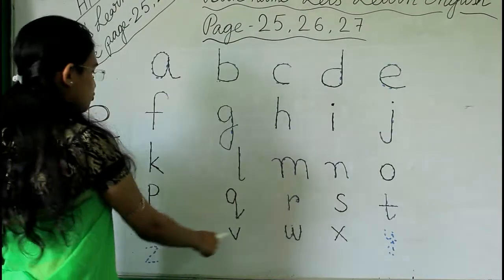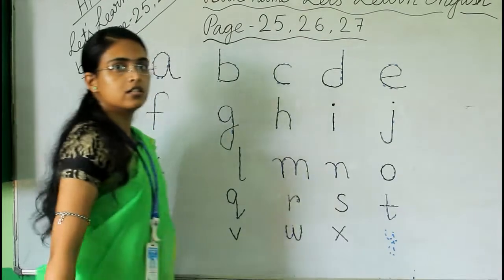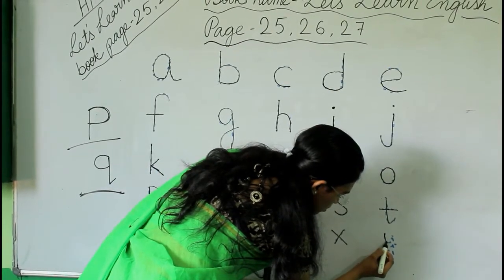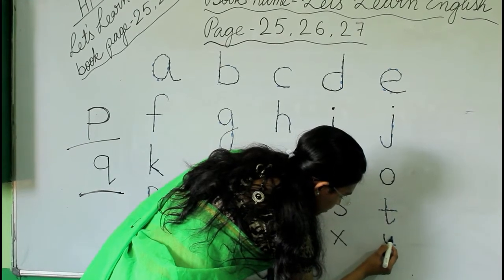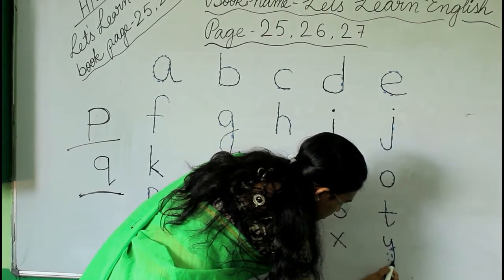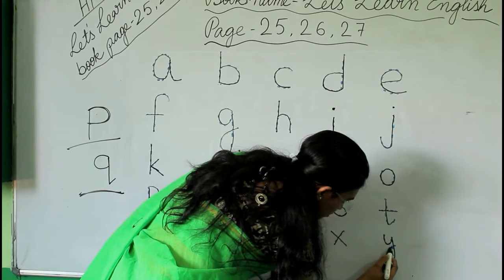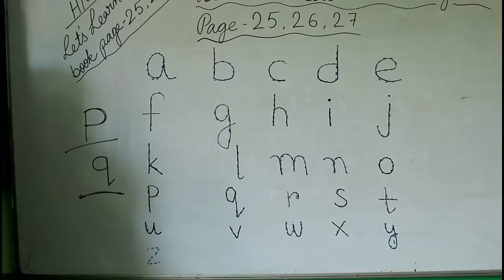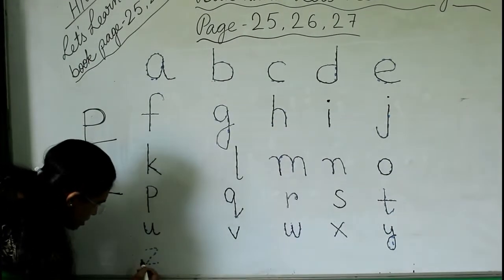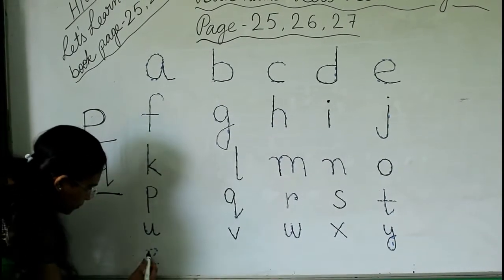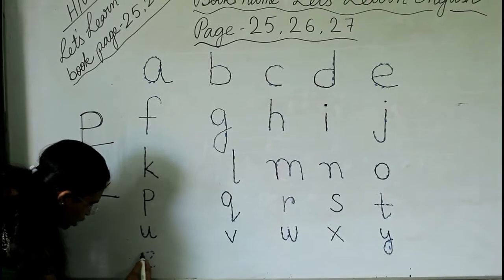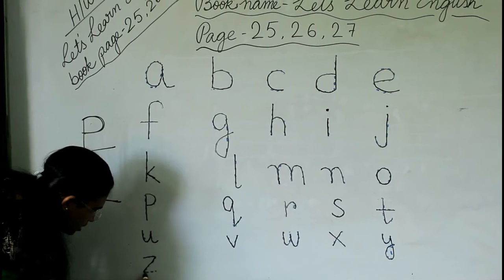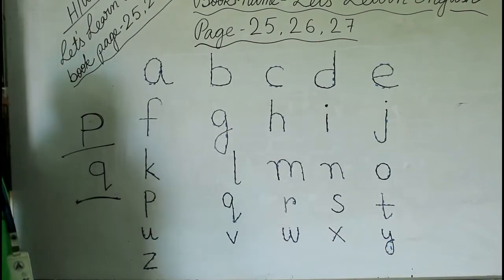Then, U, V, W, X. After X, yes, Y. For Y, you have to draw a small standing line, then a curved line, then a big standing line, then again a curved line like this. This is small letter Y. After Y, which letter is this? This is Z. For making Z, first you have to draw a slanting line, then another slanting line, then another slanting line like this. Okay?